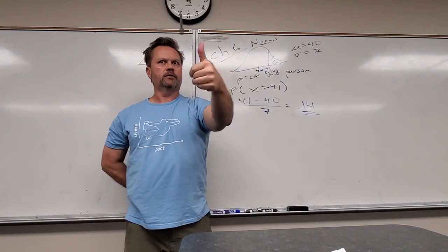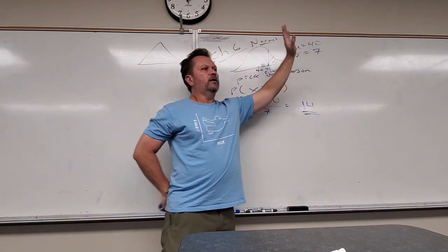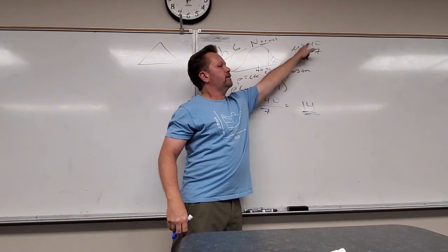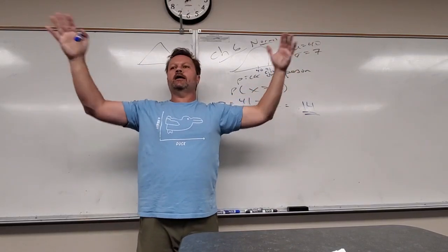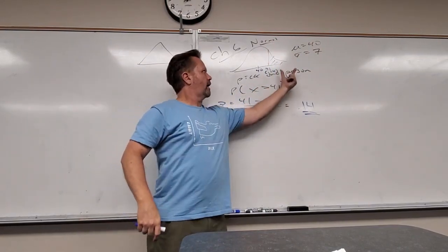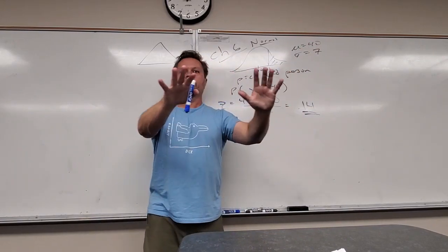Is that cool? 0.14 standard deviations above the mean. So I don't care what numbers these are. I don't care what sigma or mu is. It could be anything. Any point that is 0.14 of these above the mean will come out to be 0.14.